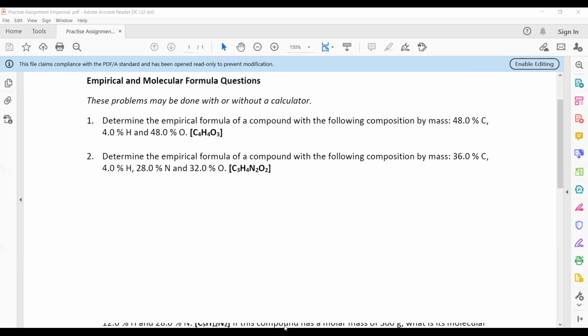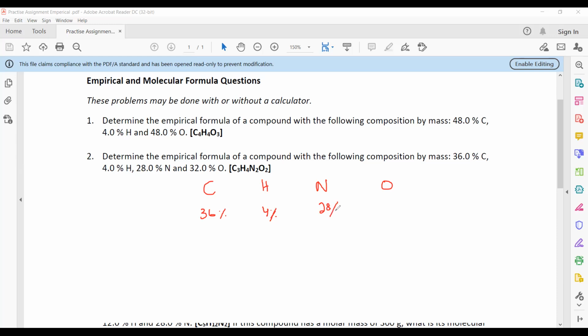Now we have question 2. We have to determine the empirical formula of a compound. The composition: it contains carbon, hydrogen, nitrogen, and oxygen. How much carbon is there? That's 36. The mass can be given or the percentage can be given. How much hydrogen is there? 4%.